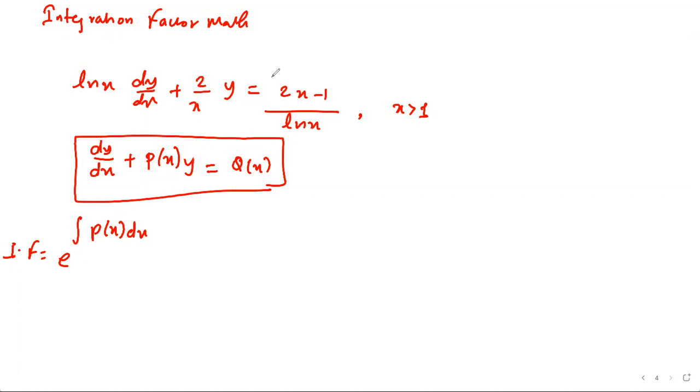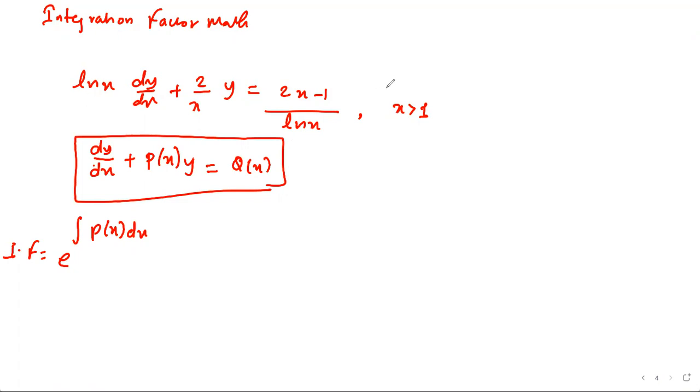So sometimes when I look at an equation, like here I'll take a parallel example, the equations are not in the standard format. And in that case, you need to put the equations in standard format. So the first thing I do is, since the derivative dy by dx term has a coefficient that is not 1, I'm going to make the coefficient of dy by dx 1.